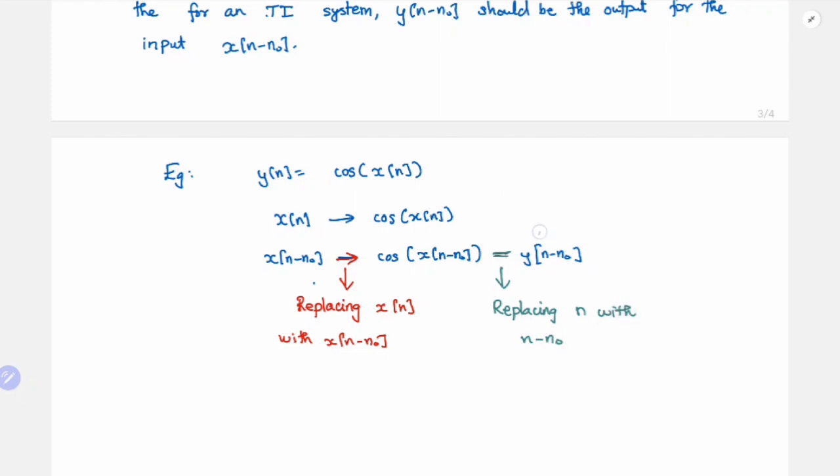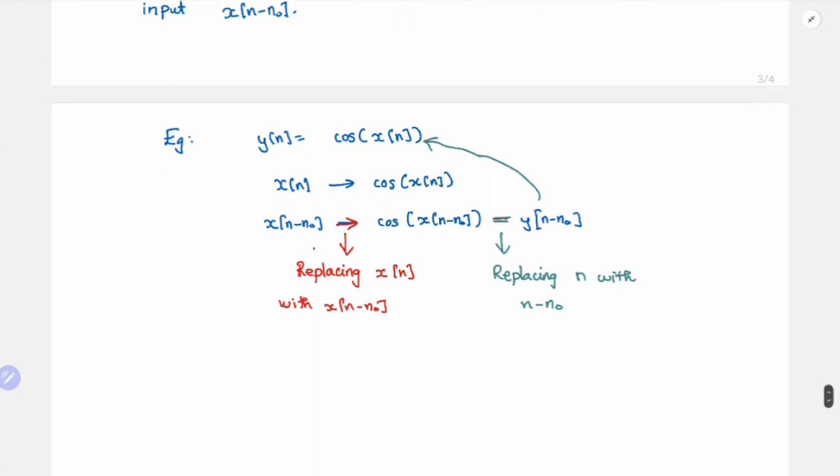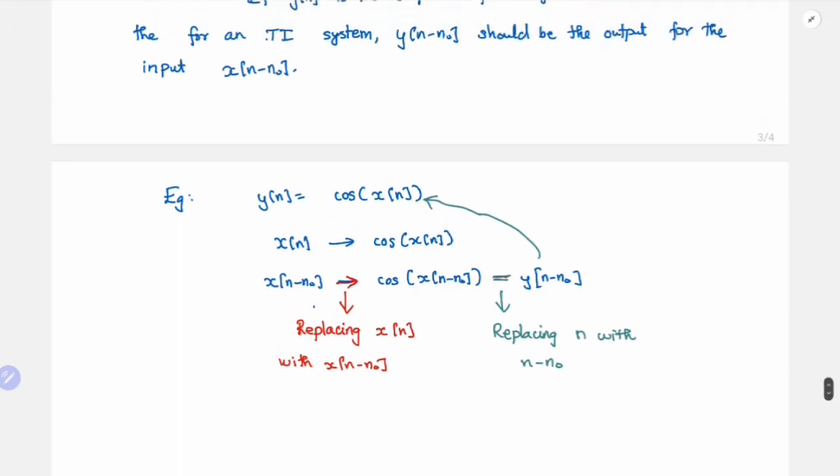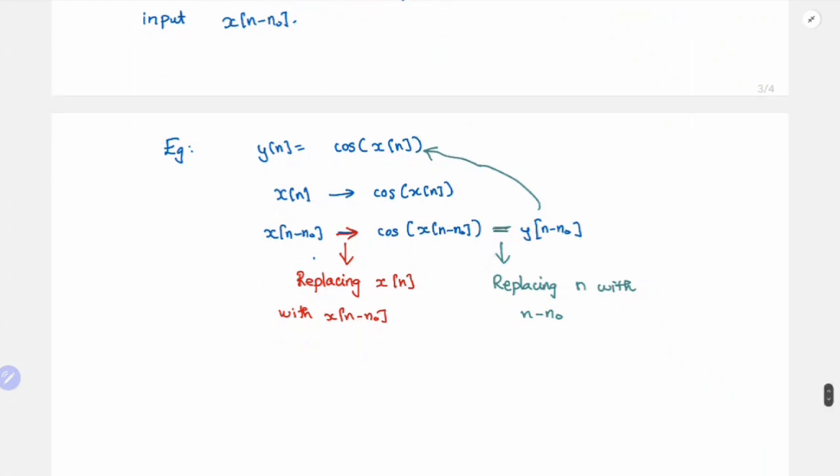Where are you replacing it? Here, in y[n]. So here you're replacing n with n - n0. So these two conditions, when you do it two different ways, if your final result is the same, then it means the system is time invariant. If they are different, then they are not time invariant.